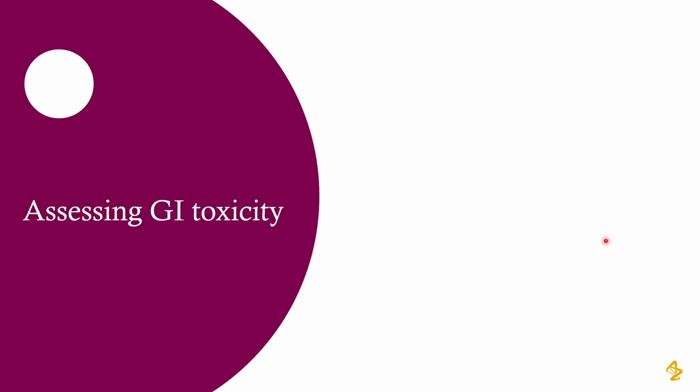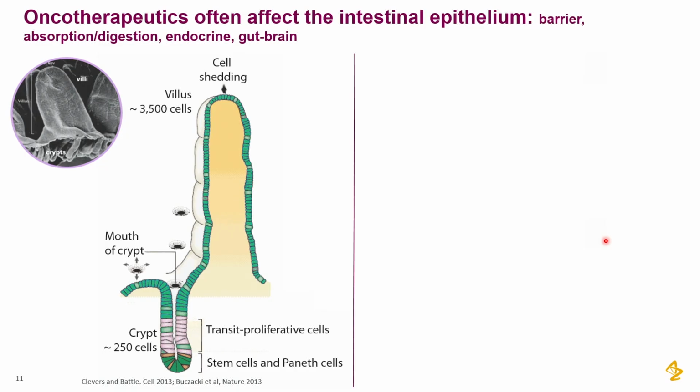And just a very quick overview of what we are doing to assess GI toxicity. Just an introduction, because Rhiannon didn't explain this one, on the intestinal epithelium, that is the tissue affected by cancer treatments. This is an electron micro image of the epithelium.